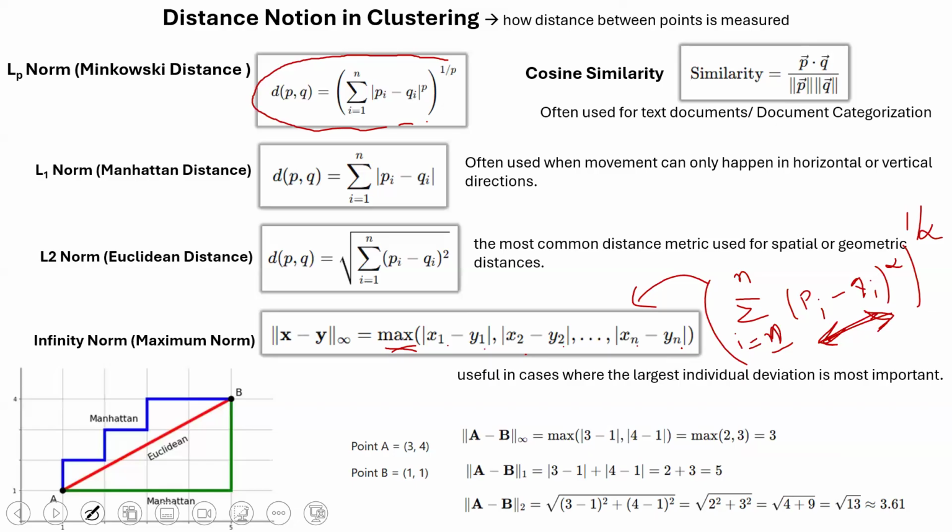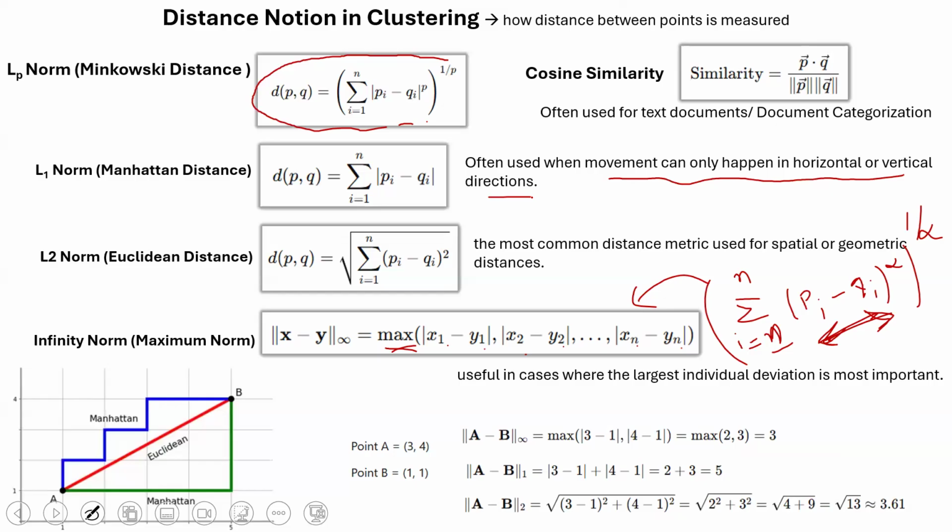Okay, I'll just quickly show you an example of this infinite norm. But first, Manhattan distance is often used when the movement can happen only in horizontal or vertical directions. When you say Manhattan distance, it tries to find the distance between two points, with the constraint that you can only move in the vertical or horizontal direction. You cannot go in the cross directions or something like that.